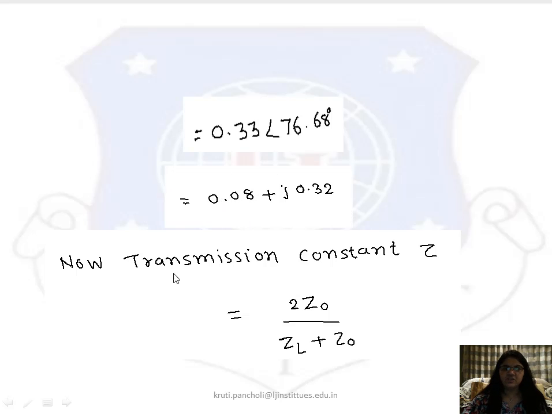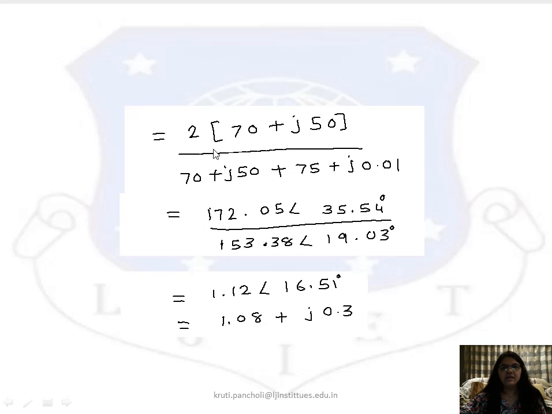Now the transmission coefficient tau is equal to 2Z0 upon ZL plus Z0. Putting the values of Z0 and ZL, it is 2 times 75 plus J 0.01, upon 70 plus J50 plus 75 plus J 0.01.